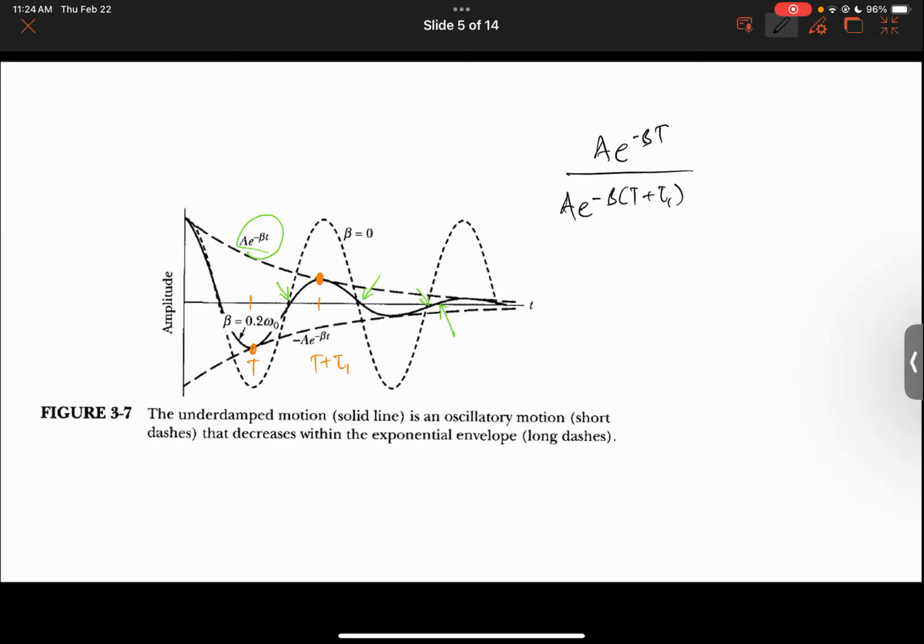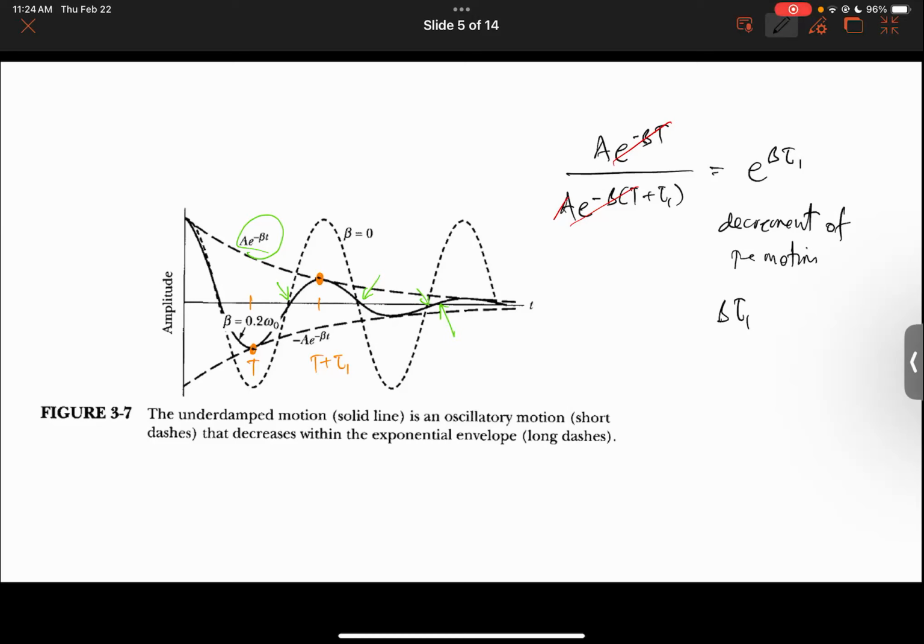Of course, this term cancels out, this term and this term cancel out, and of course the A remains. And we get exponential beta tau 1. In this case, we call this the decrement of the motion. It's nothing but the ratio of the amplitudes for each time interval.